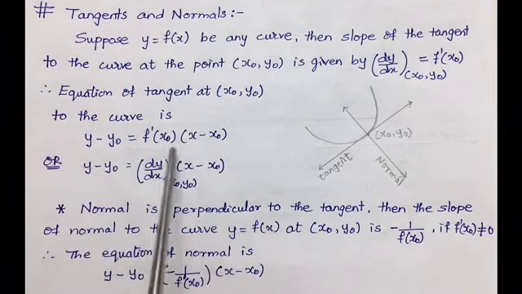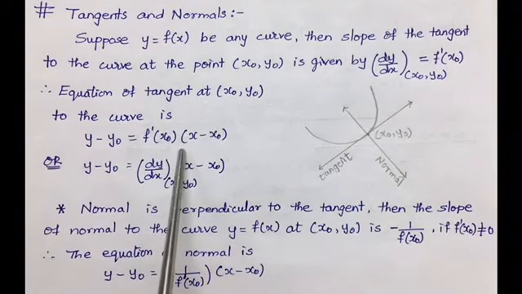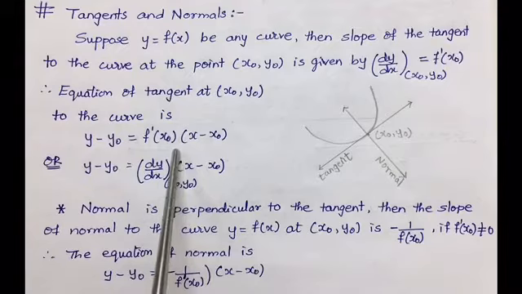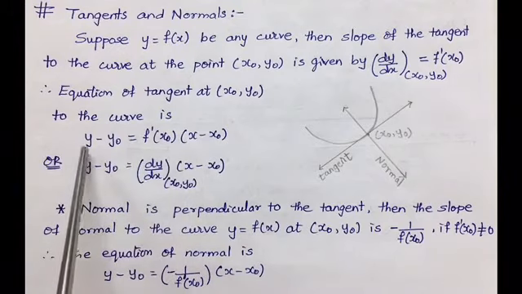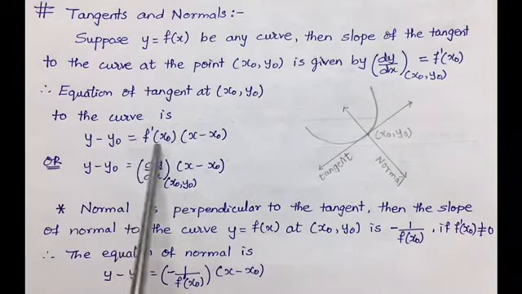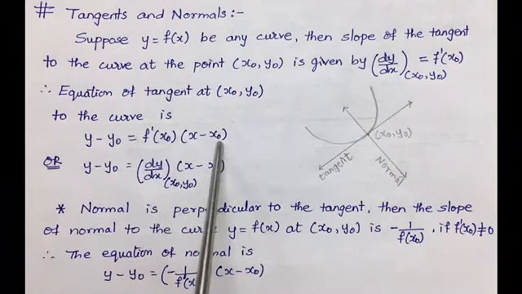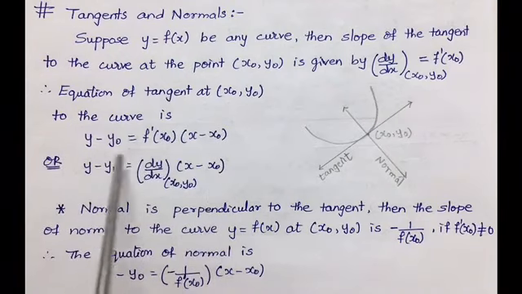This equation you have already studied in 11th standard. In 11th, the equation of a line was calculated, when a point and slope are given, as y minus y1 equal to m(x minus x1). So the same equation is taken up here.